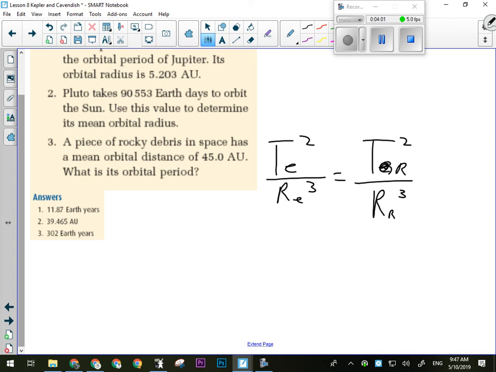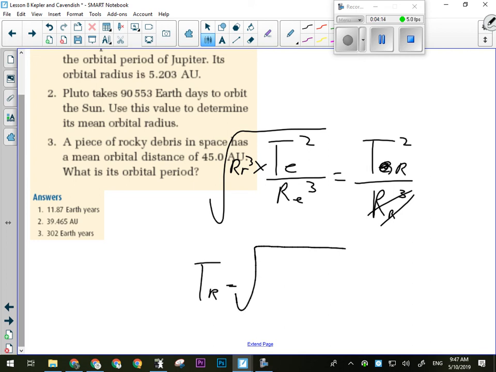Okay, and we are looking for orbital period, so we simply multiply both sides by the radius of the rocky debris's orbit cubed. Okay, and then we square root that. All right, so what we will have here is the period of the rocky debris will equal the square root of 45 cubed times 1 squared divided by 1 cubed. So really we're just looking for the square root of 45 cubed.